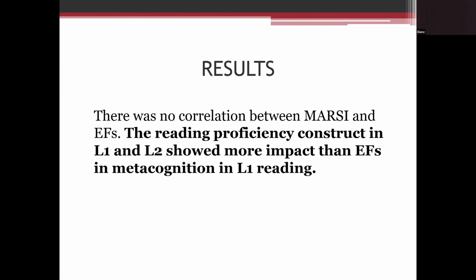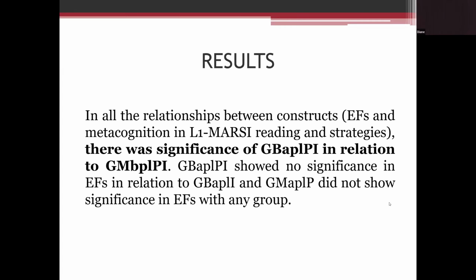Next slide, please. We could see, however, that there was no correlation between MARSI and EF. The reading proficiency constructs in L1 and L2 show more impact than executive functions in metacognition in L1 reading. We could see also that there was significance of the high level group in terms of the low group.